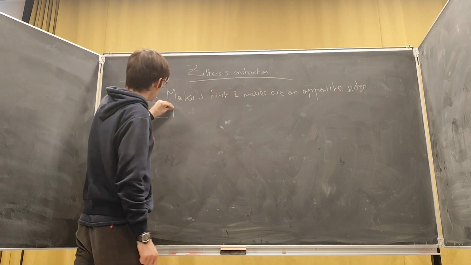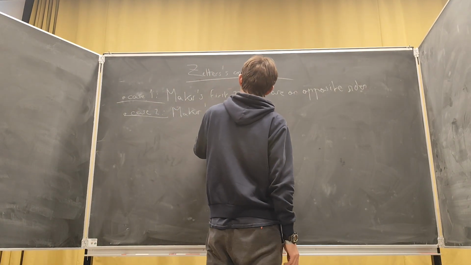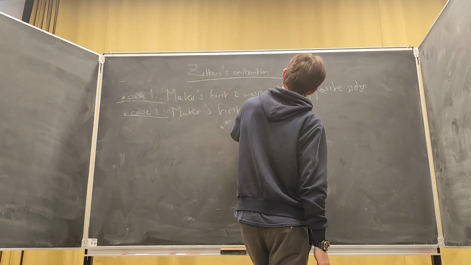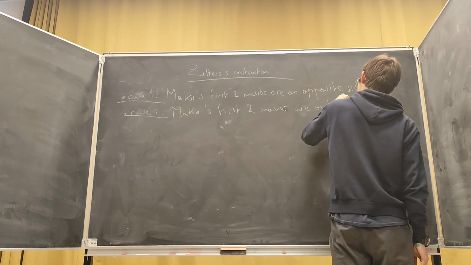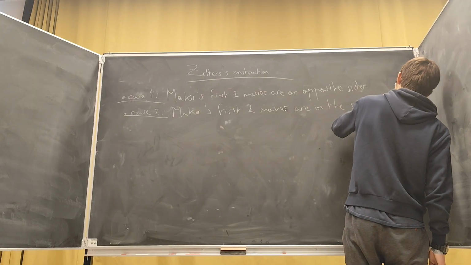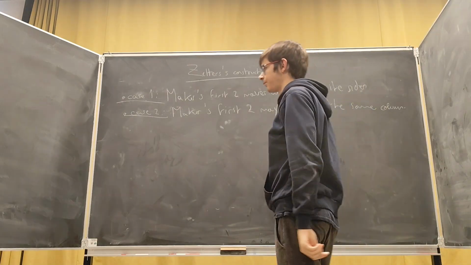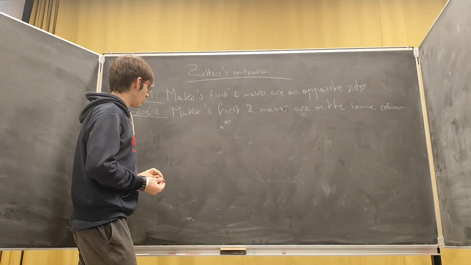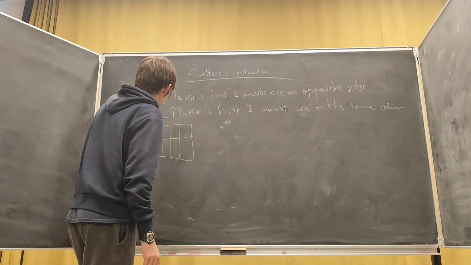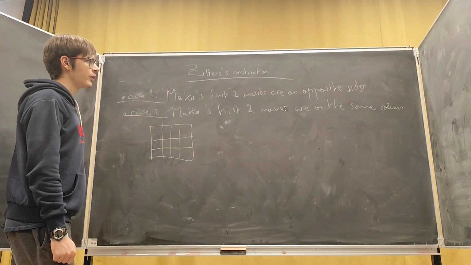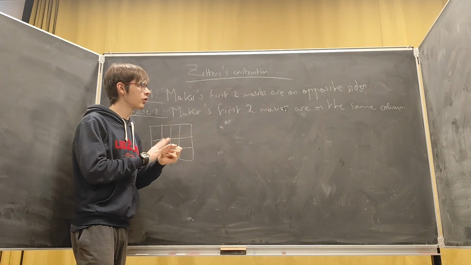So case 2, maker's first two moves are on the same column. Okay, so in this case, let's look at the board. And we will place this column by permuting the columns.